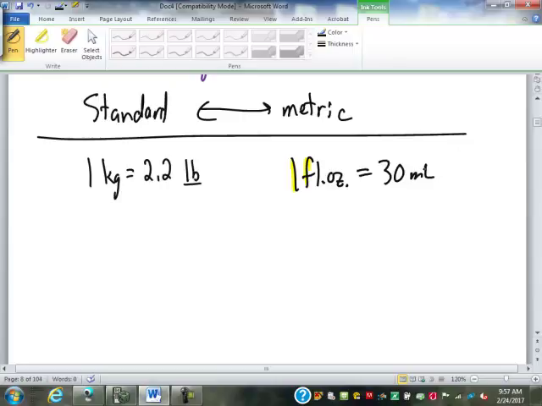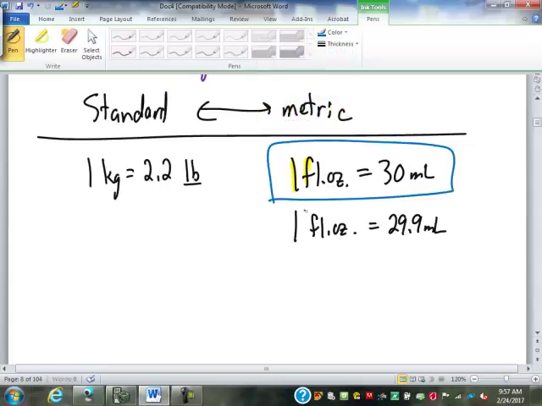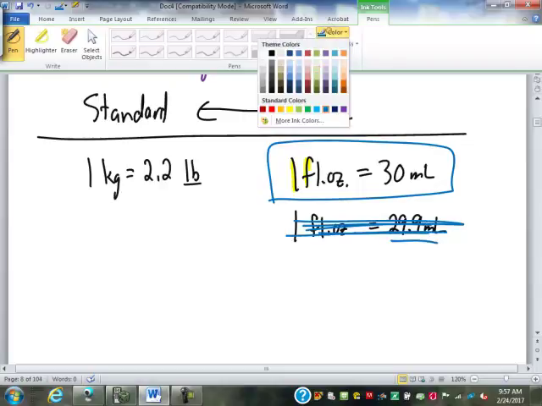About 2 pages later, it says 1 fluid ounce is 29.9 milliliters. It's somewhere in between there. It's like 29.94, to be honest. I'm going to use this one just because it's easier. But if you use the other one, obviously it wouldn't be wrong.